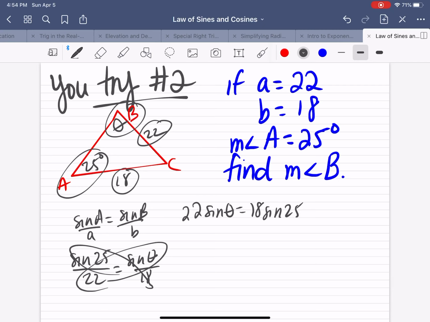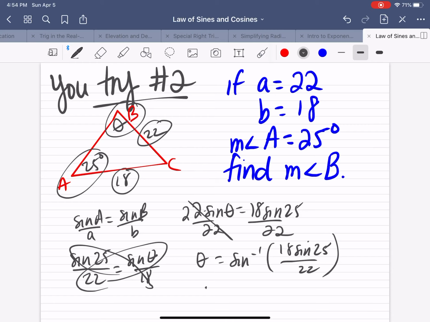To solve for theta, you first have to divide by 22 since it's being multiplied. To get rid of the sine, you do the inverse sine of both sides. So theta is equal to the inverse sine, put that in the calculator and you are done.